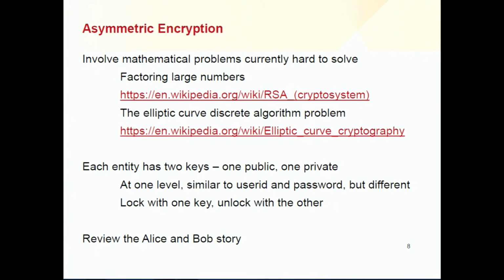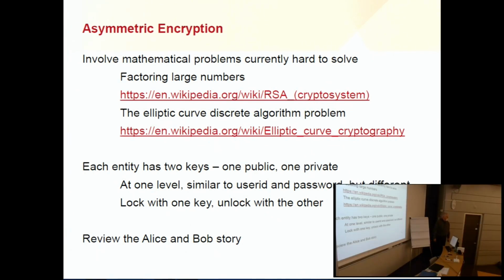And there are the URLs if you feel so inclined to actually investigate those further. The factoring large numbers, I think you probably know that that's kind of a difficult thing. If you have two large primes and multiply them together, then taking that result and figuring out what two prime numbers resulted in that is a difficult problem.